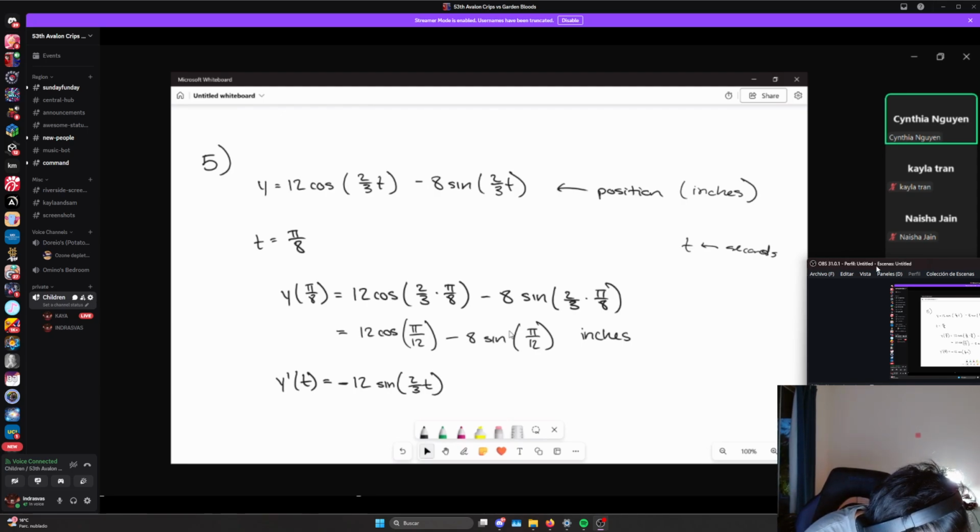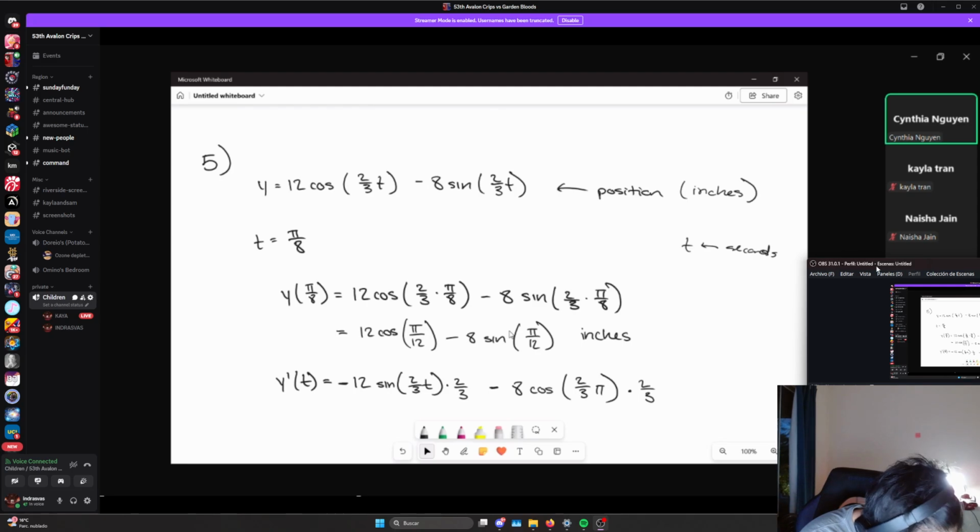And the derivative of the inside, 2 over 3 t, is equal to 2 over 3, so multiply that on. Then the derivative of sine is cosine. So 8 stays the same, the minus stays the same, cosine comes in, keep the inside the same. The derivative of the inside is once again 2/3.